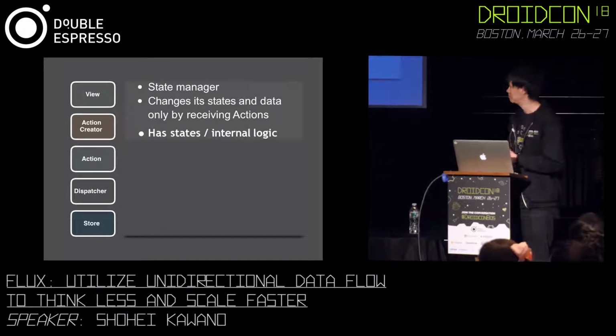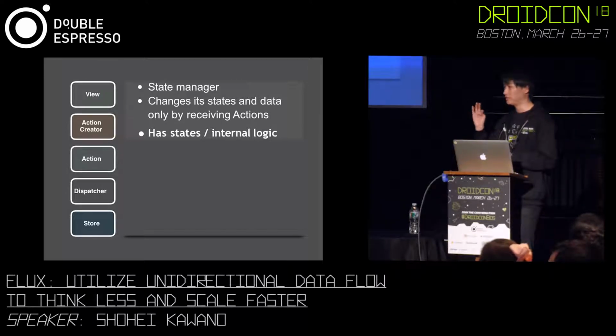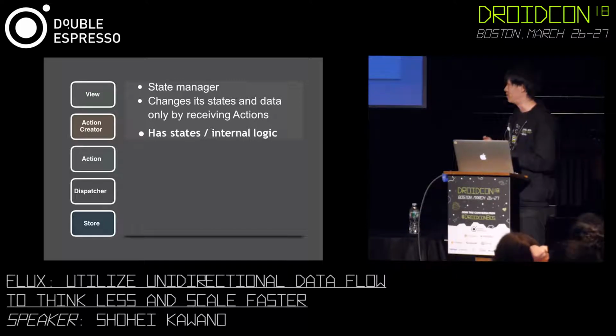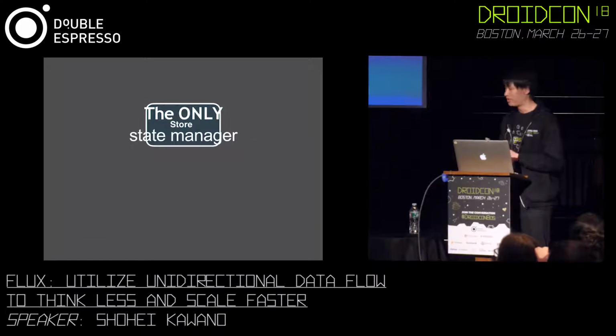And finally, the store. Store is the only state manager in your application in Flux architecture. And it has the states and the data and the logic of your application. And it changes its data and state only by receiving actions from dispatcher. So store is the only state manager in your application.